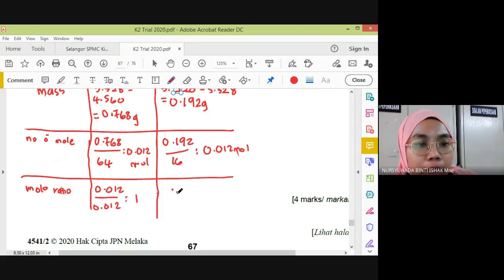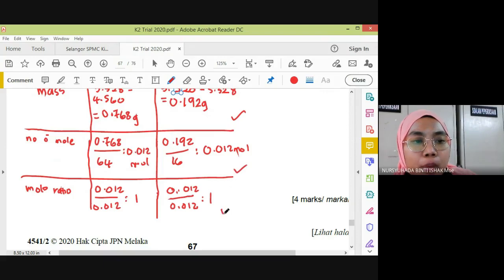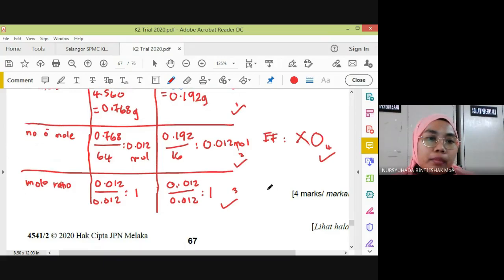So this one is 1, 0.012 divided by 0.012 is also 1. So 1 mark for mass, second mark for number of moles, third mark for mole ratio, and last is for the empirical formula, which is XO. The fourth mark. 1, 2, 3, 4. Okay, next.